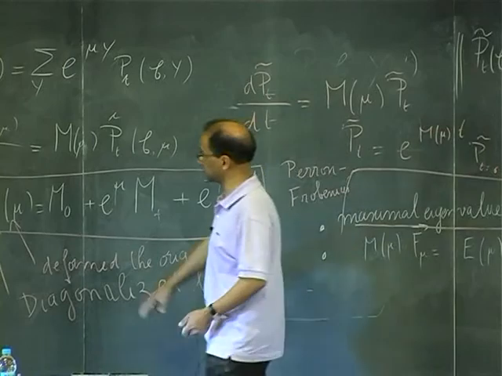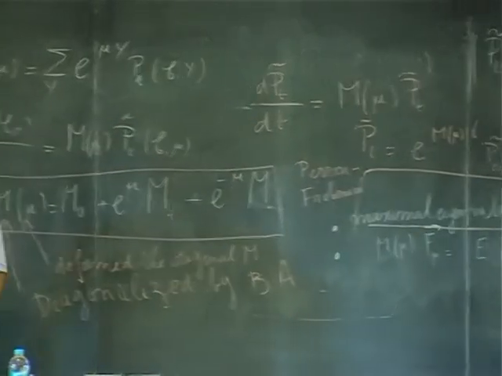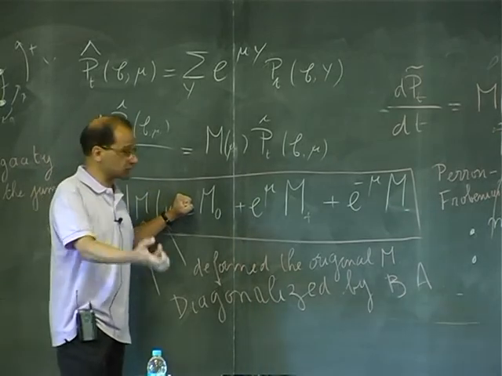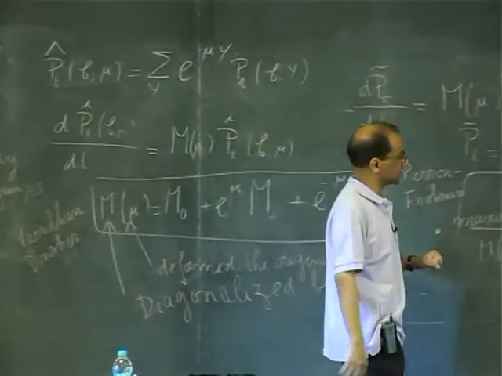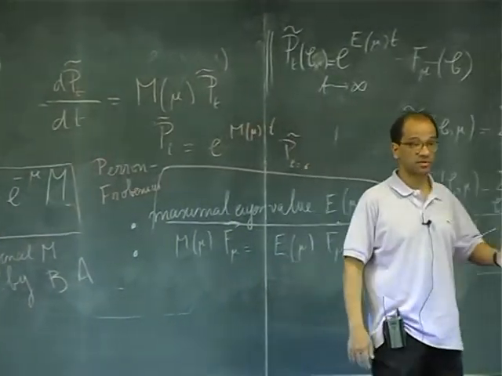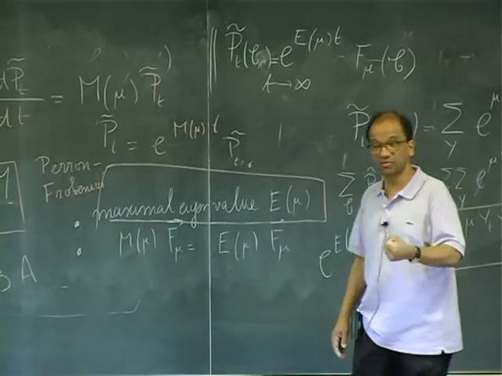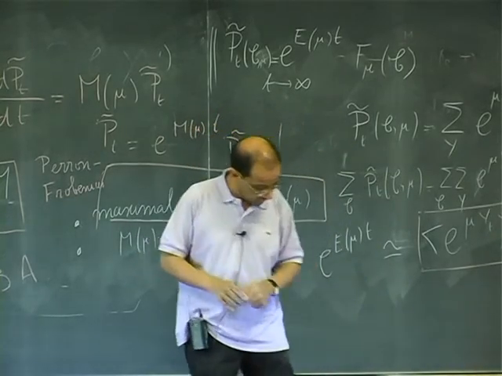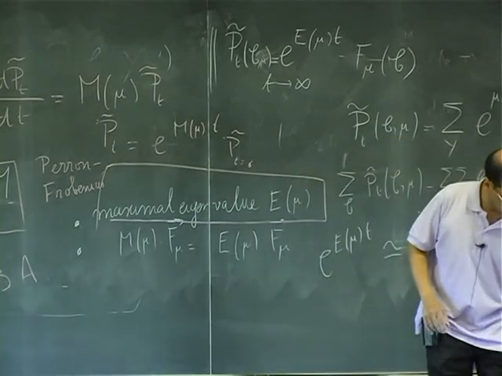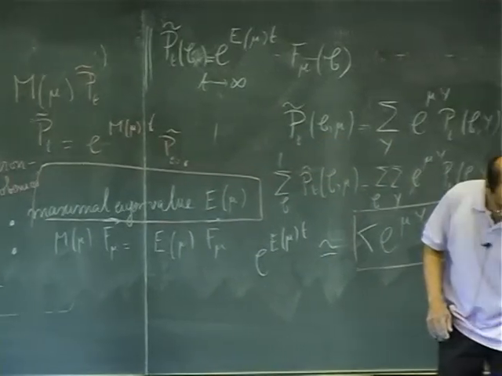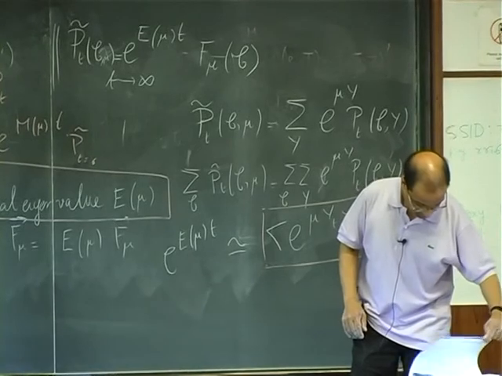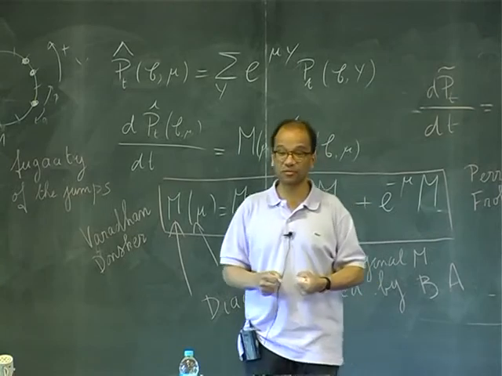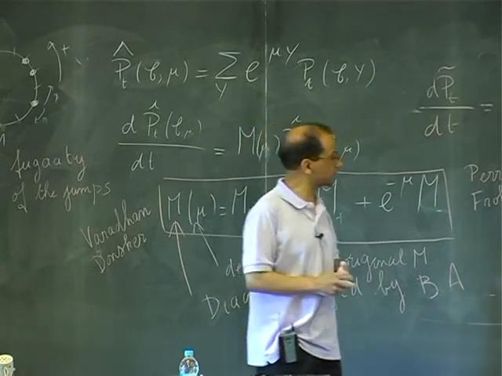We shall use the Bethe Ansatz to extract the dominant eigenvalue of M of mu, and by extracting it and studying it, we'll be able to get information about current fluctuation and current cumulants in the exclusion process. So here now starts applying the Bethe Ansatz: use the Bethe Ansatz, extract E of mu, and get some physical results.